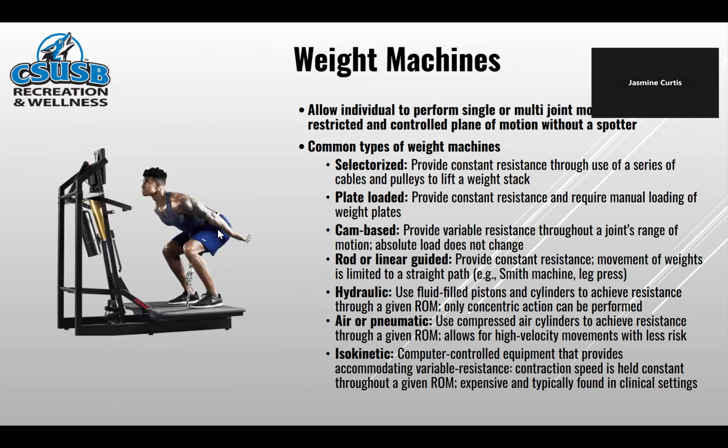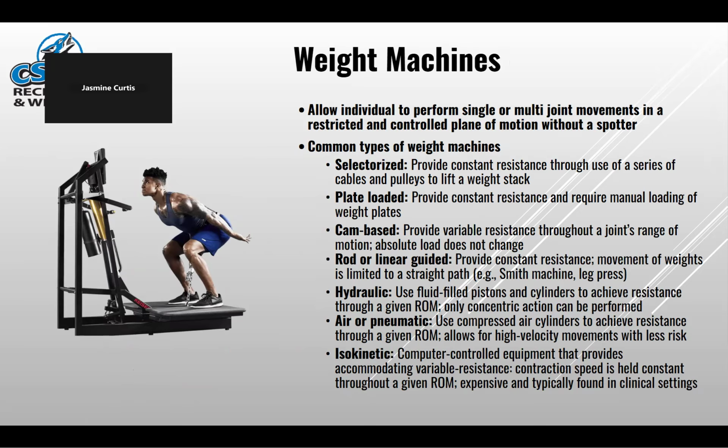All right, moving on. I will let you know when there's exam specific things. Right now, our main goal is thorough understanding. Weight machines allow individuals to perform single or multi-joint movements in restricted and controlled planes of motion. So a lot of times for beginners, for bodybuilders, or for anyone in general who would like an extra stabilizing factor, machines are wonderful.